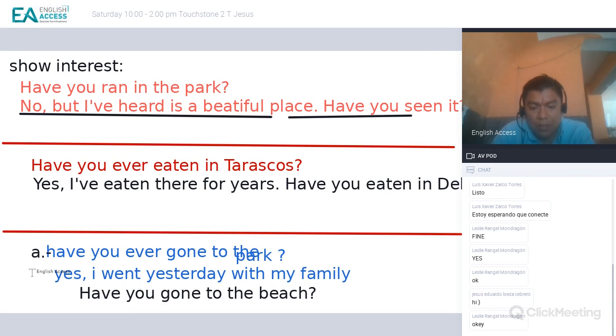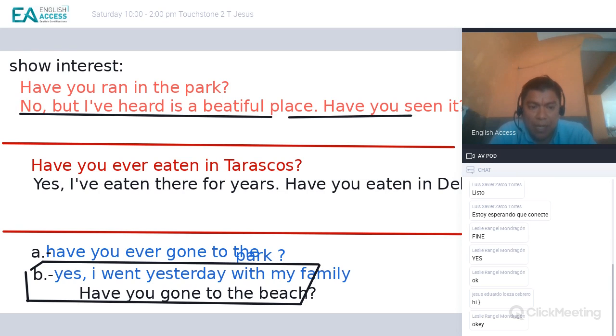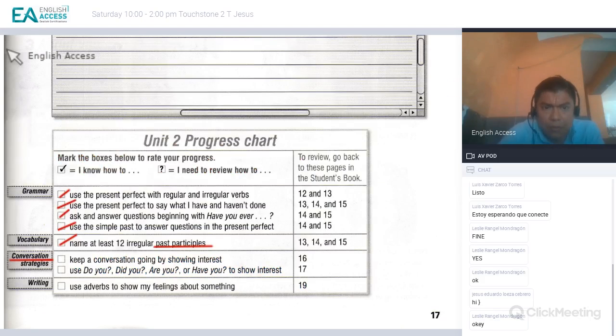And this is person B. Person B: yes, I went yesterday with my family. Person A: have you gone to the beach? Alright guys, any questions? I hope not. So let's go back to the book.